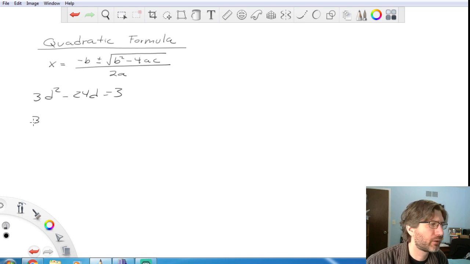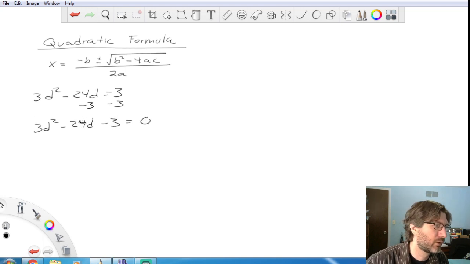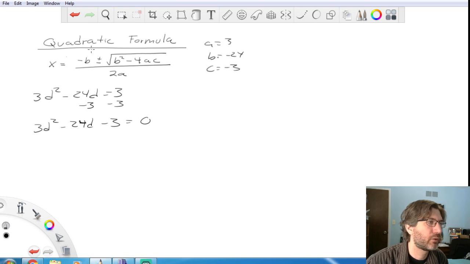So here we're going to subtract 3 from that side, subtract 3 from that side, you get 3d squared minus 24d minus 3 equals 0. Then you got your a equals 3, b equals negative 24, and c equals negative 3. And go ahead and plug into this.